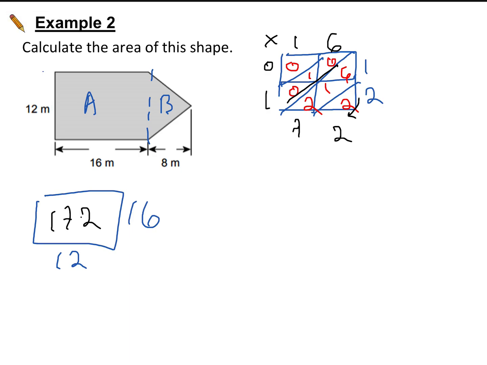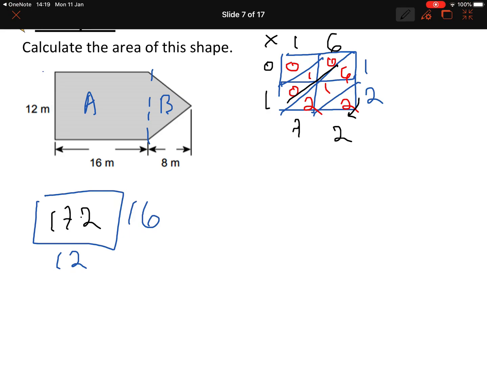Okay? Right, now the next bit is to add on the area of a triangle. All right? Now, I'm just going to draw the triangle facing the front like this. Okay? Now, the distance from there to there is 12. So the base must also be 12.